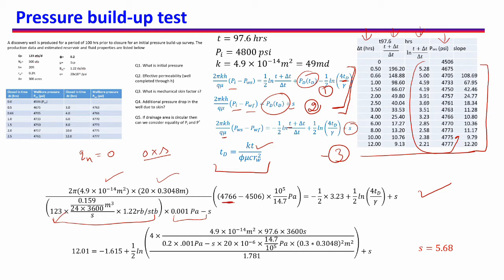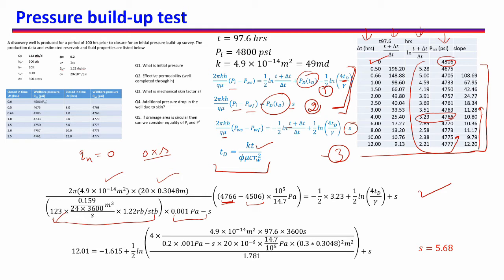PWS: again I am using this particular time where the slope is not changing and the slope is constant at a time before also. So I am using this particular PWS and PWF, that is at time TD or when the well was shut in. This is given to us already, that when we just shut in, what was the pressure at that time.